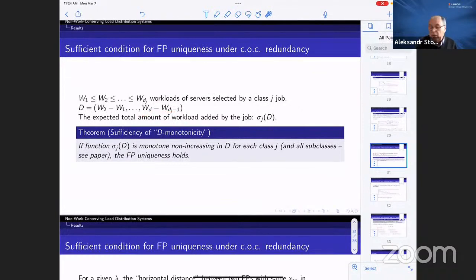And suppose this is the expected amount of workload that will be added if you have this kind of differences between workloads. If this function is monotone non-increasing in D, then you have fixed point uniqueness. So basically, if you spread out the workloads of the selection set more, on average you get less workload.